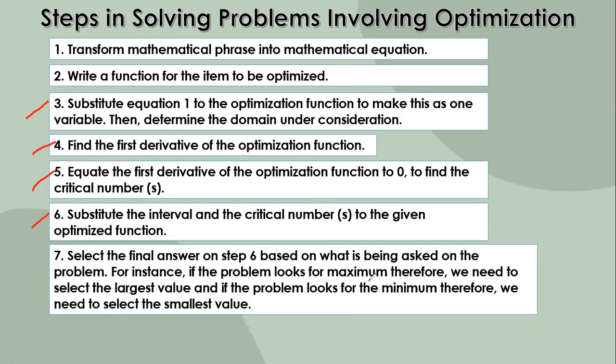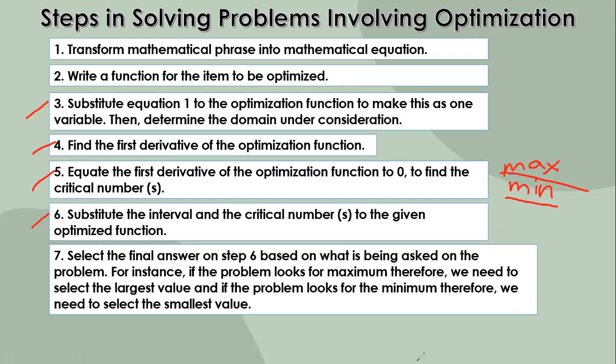And then seventh, the last step is to select the final answer on step 6 based on what is being asked on the problem. So kung kanina, hinanap natin both maximum and minimum. Ngayon, magbabase tayo sa tanong. Pwedeng ang hanapin lang ay yung minimum, pwedeng ang hanapin lang ay yung maximum. For instance, if the problem looks for the maximum, therefore we need to select the largest value.